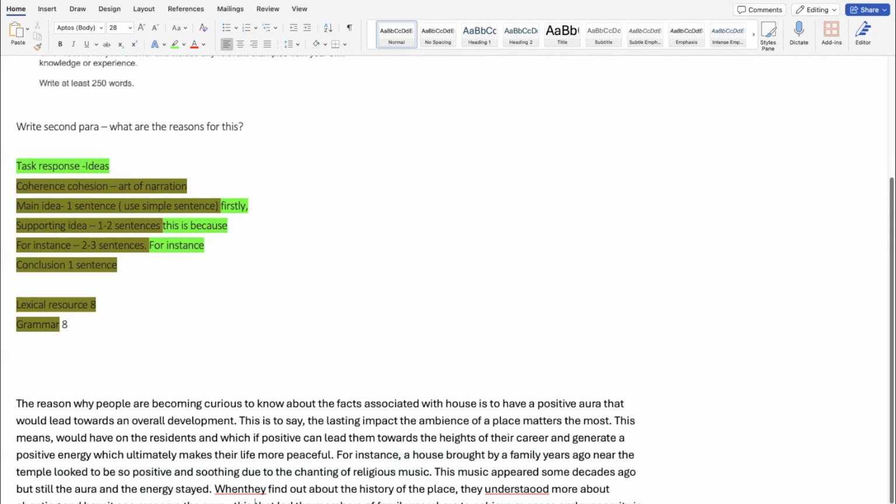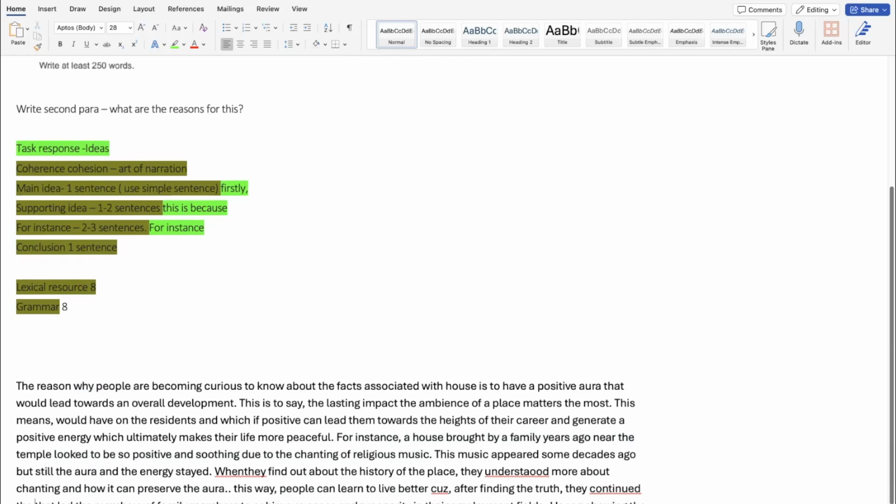This way, people can learn to live better. Because after finding the truth, they continued the chanting in the present.